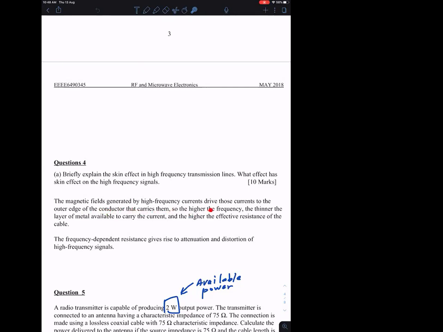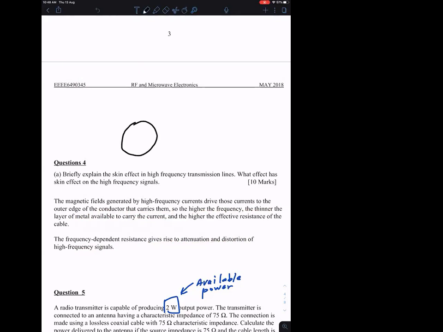So the higher the frequency, the thinner the layer of metal available to carry the current, and the higher the effective resistance of the cable. The frequency dependent resistance gives rise to attenuation and distortion of high frequency signals.